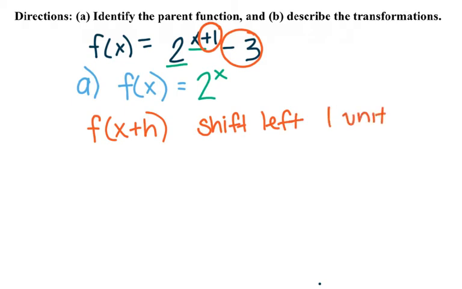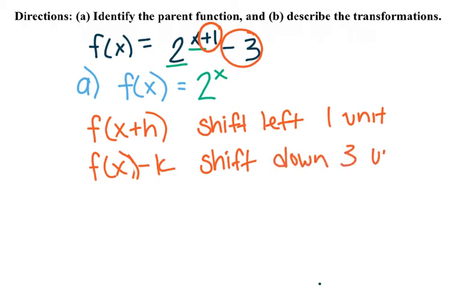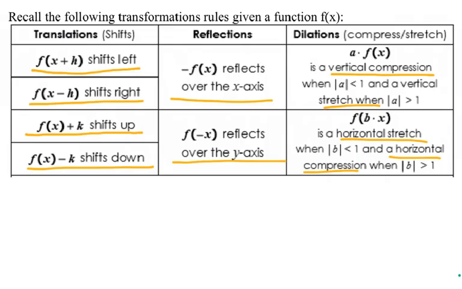The -3 at the very end, that's this rule, that is a shift, oh sorry, this is a minus. That would be a shift down, so this would shift down 3 units. So once again, you can see transformations by just graphing them. Sometimes it's a little hard if you're not great at visualizing, or you can just use the rules. And these are the rules I'm referring to. So going back and looking at these rules.